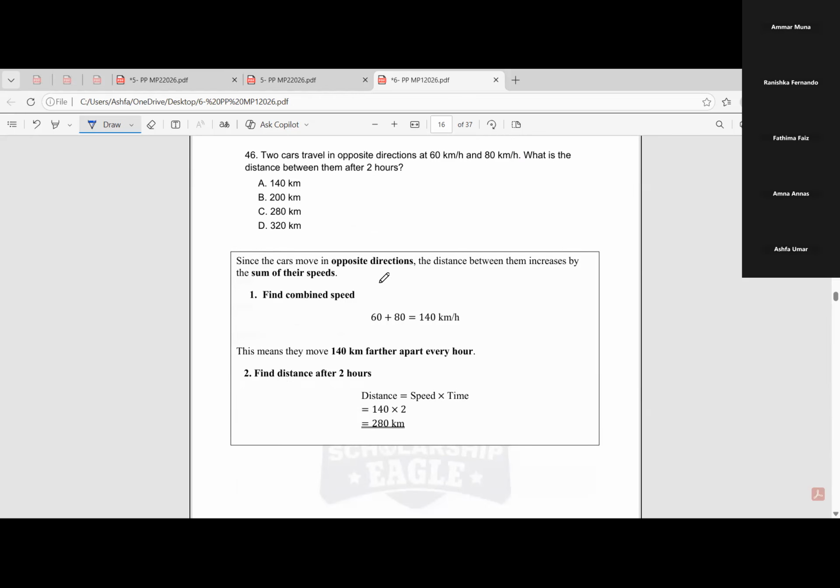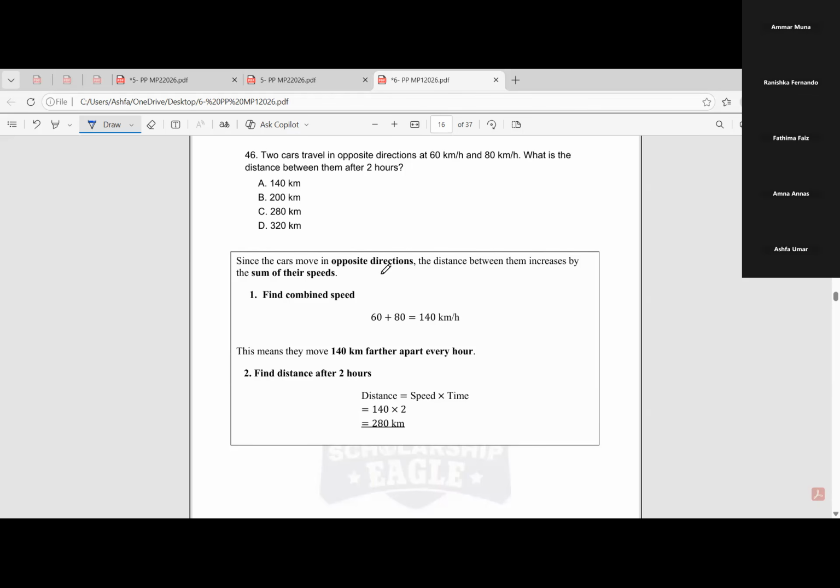If they are moving in the same direction, we would subtract them. I think many of you know it's relative motion. Just remember this: if the two cars are traveling in opposite directions, add the speeds, and if they are moving in the same direction, subtract the speeds.